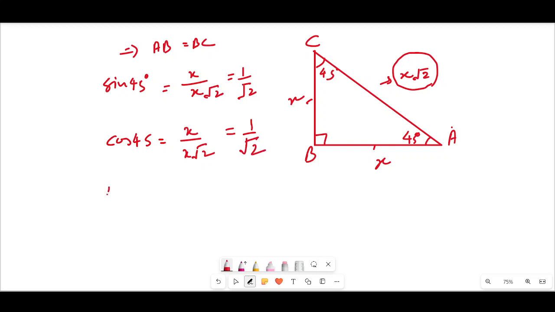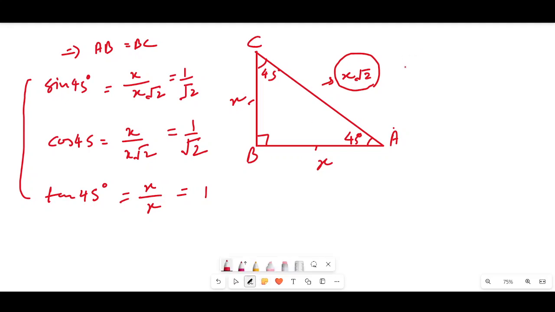In the same manner, we will be able to find out the value of tan 45. That is perpendicular upon base. That means don't use hypotenuse. Perpendicular is x and base is as well x. This is 1. Clear? In the same manner, if you want to find out the other ratios, then we can find out.